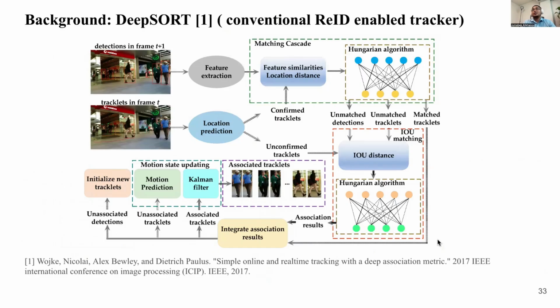And now a little bit about the overall system of a simple, conventional, popular tracker, DeepSORT. What DeepSORT does is it has a detection convolutional neural network, and gives us detections. And then there's a feature extraction convolutional neural network. We call it CNN, and the CNN extracts features. And then the similarities of those features are computed with confirmed tracklets, right?